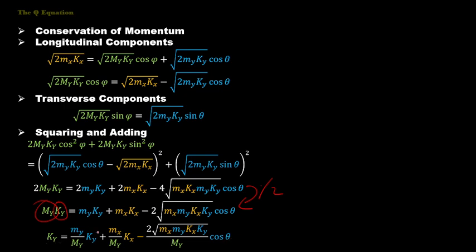Now we have ky equal to this quantity. So on the left hand side we have only ky and on the right hand side we do not have ky. Now we substitute for ky in the Q value equation and thereby get ky eliminated from our analysis. We get a new equation in which ky will no longer be present because we will be substituting for ky by this right hand side.